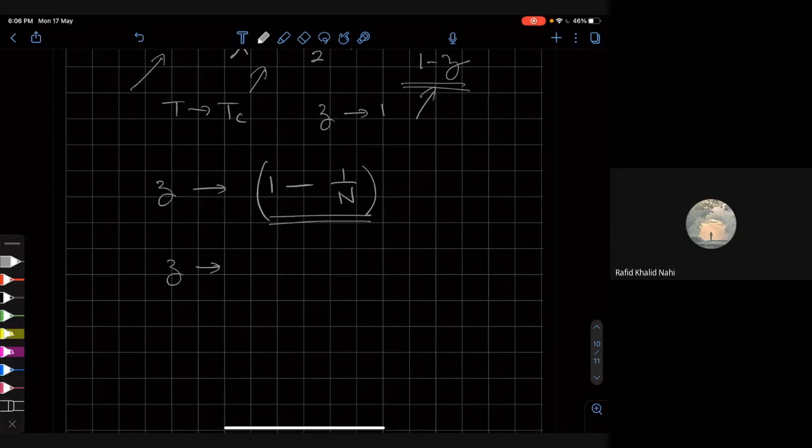So under Tc, z doesn't change. It settles down to this thing. Okay, so that's a kind of important observation.